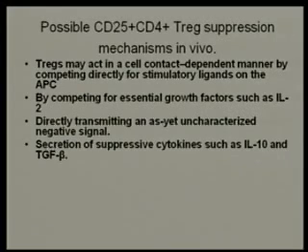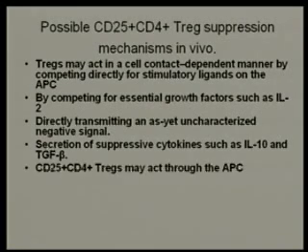Some people suggest that cell contact may not be critical, that maybe T regulatory cells produce suppressive cytokines. Two such are IL-10 and TGF-beta. There is some evidence in vivo, but in vitro, they can't show this. Another possibility is that these T regulatory cells may act to negatively affect the APC.